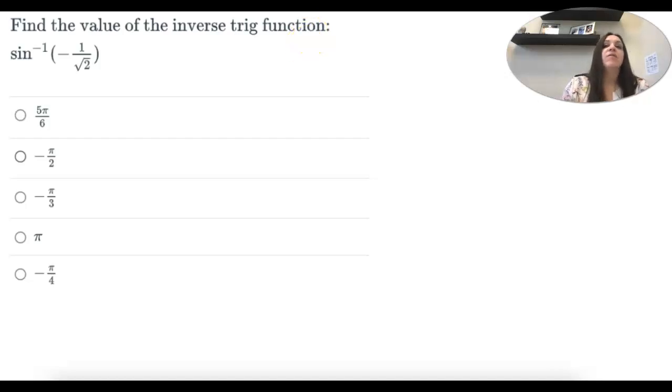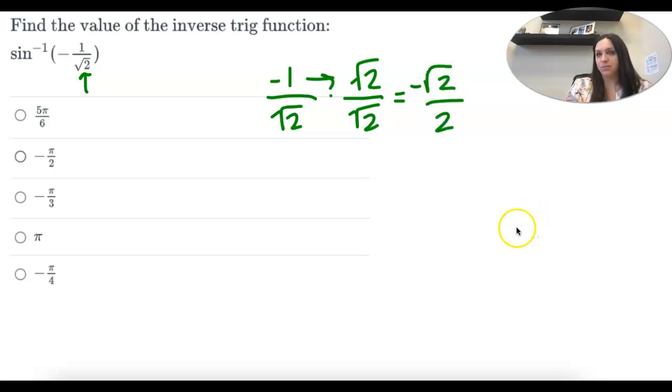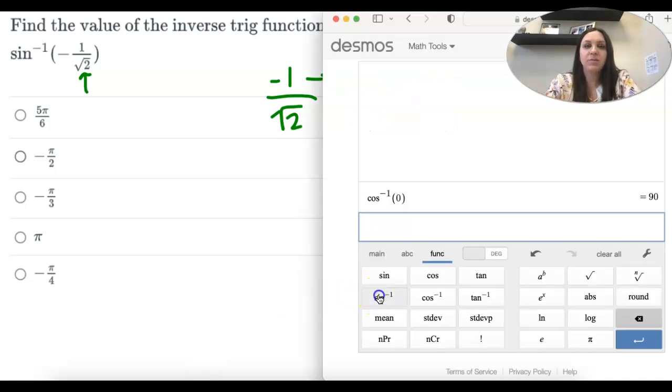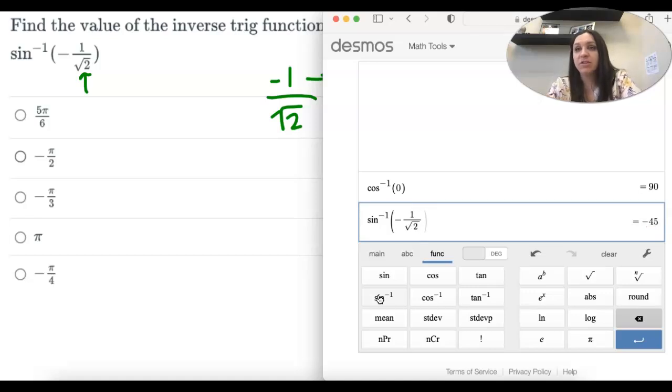Okay, find the value of the inverse trig function of sine. Notice that that square root of 2 is on the denominator, so I'm going to hurry up and rationalize it so it looks like our unit circle. So now I have negative square root of 2 over 2. Now we can go to our unit circle, and again, if you put it in Desmos, you're going to get negative 45 degrees.